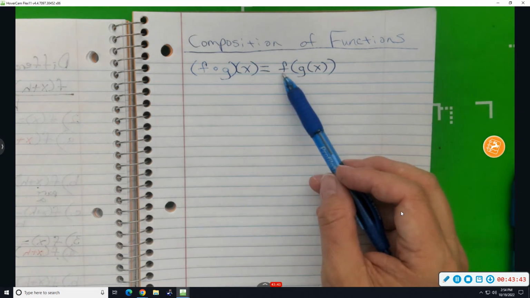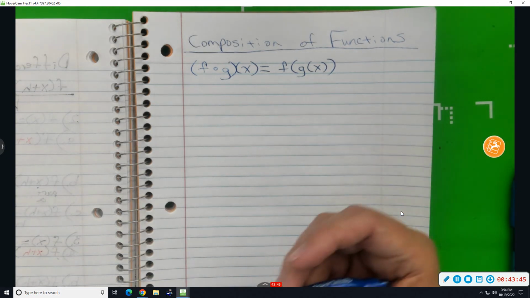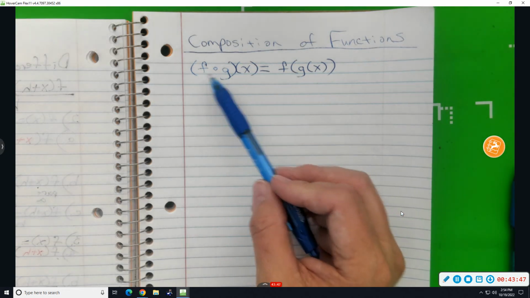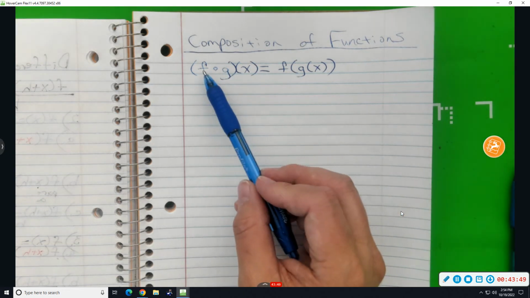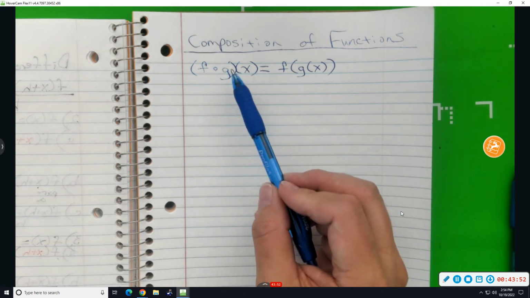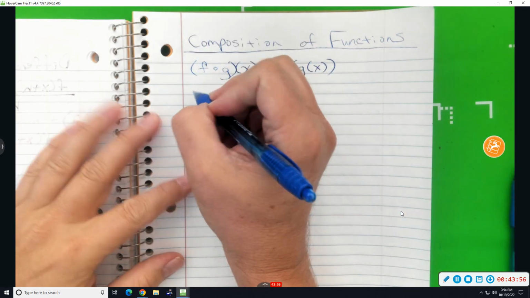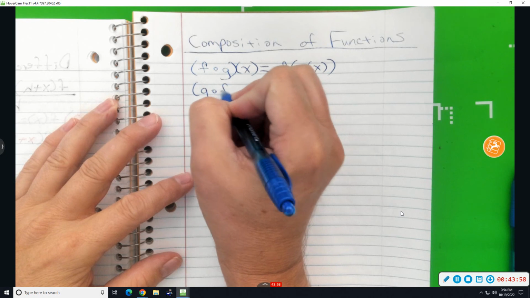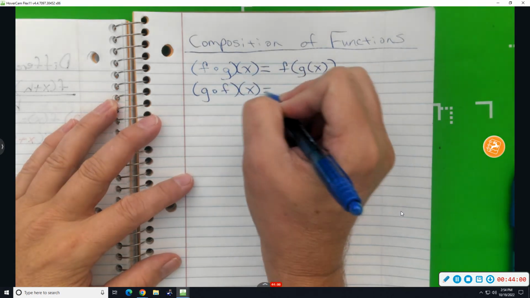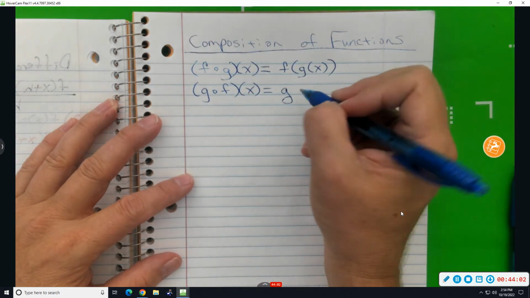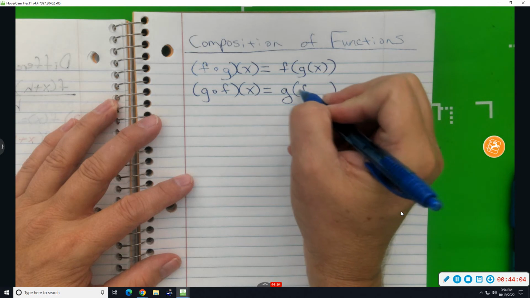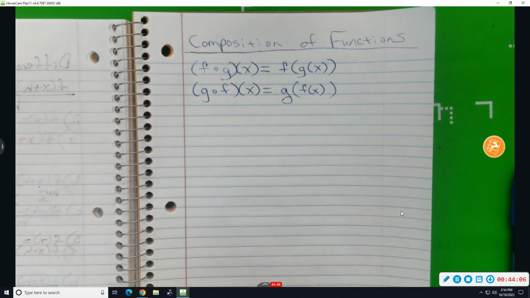It's saying go to f and plug in g of x. Notice that order. When it's written like this, f is on the outside, g is on the inside, but it could be reversed. G composed with f of x means g is the outer function and f of x is the inner function.